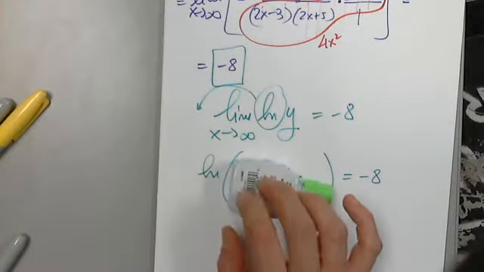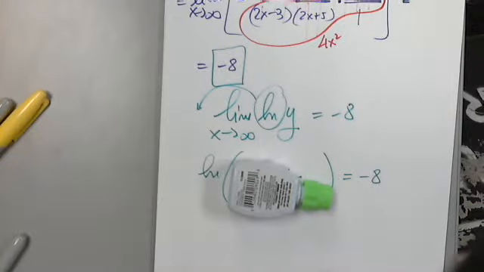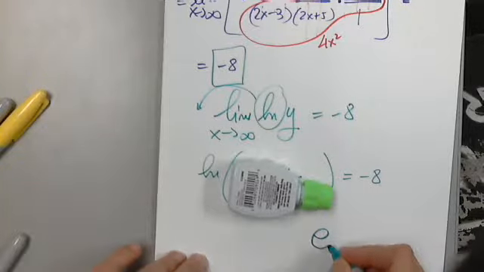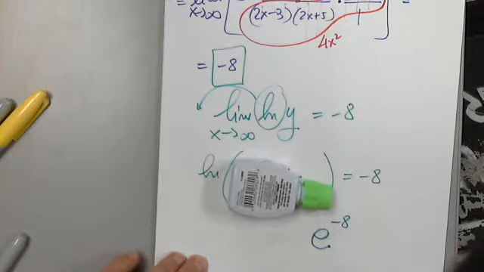What should I have in here so that the answer is negative 8? It must be something with the base of e, raised to... exactly. So I can bring the power in front, and natural log e will be 1.